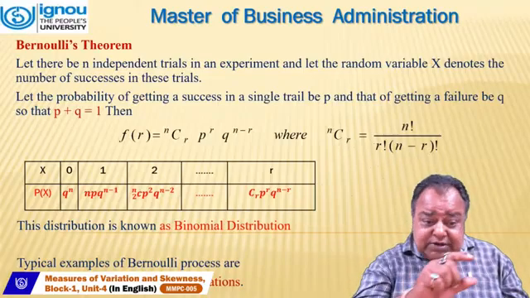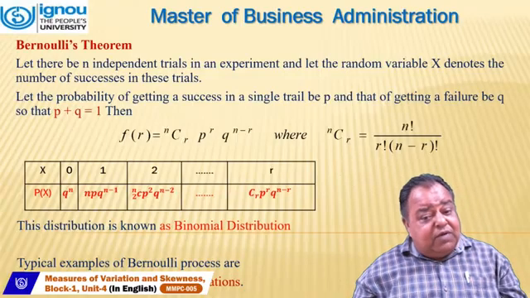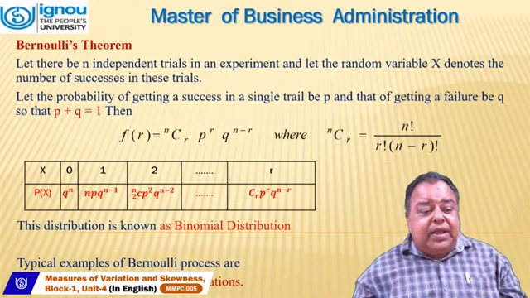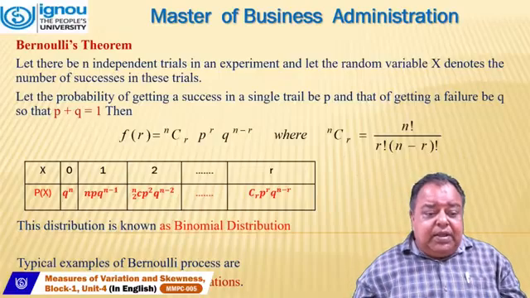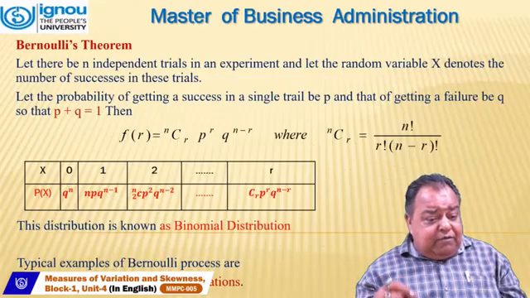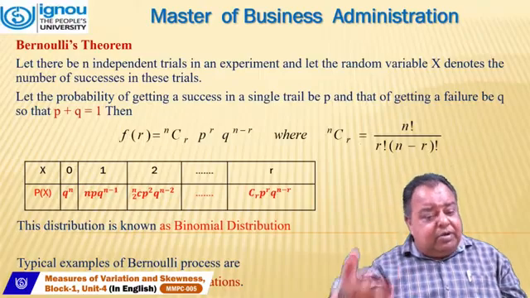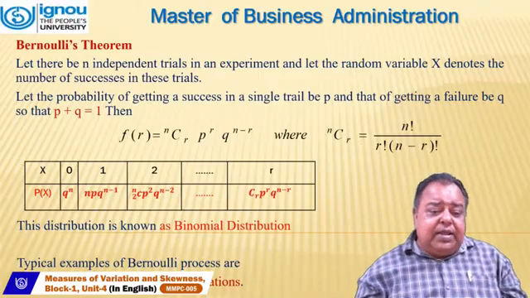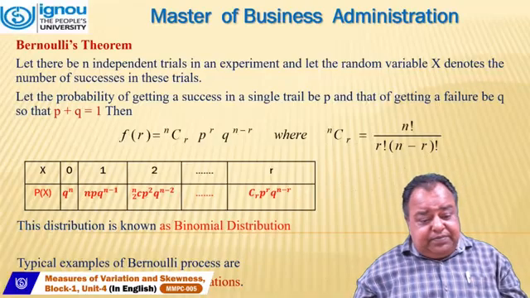Now how will this table be generated? We have to take x equal to 0, 1, 2, 3 till r. Similarly, we will be placing this in this form. P(x) for 0, we have to take probability of failure raised to the power n, the number of times the event is performed. This representation is for the binomial distribution.